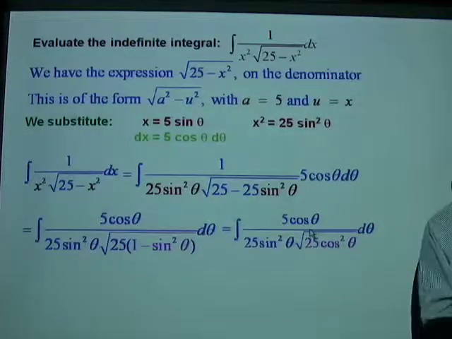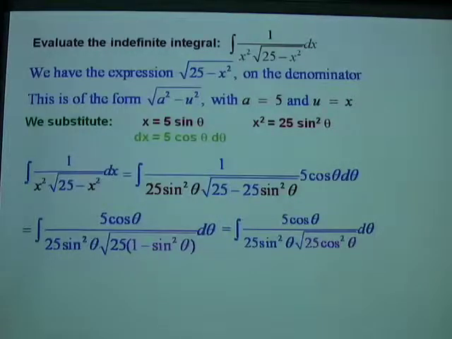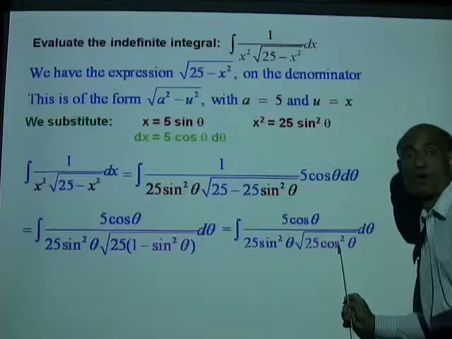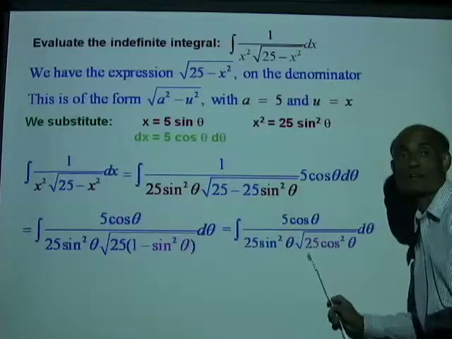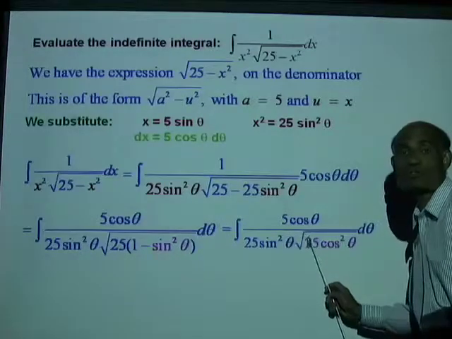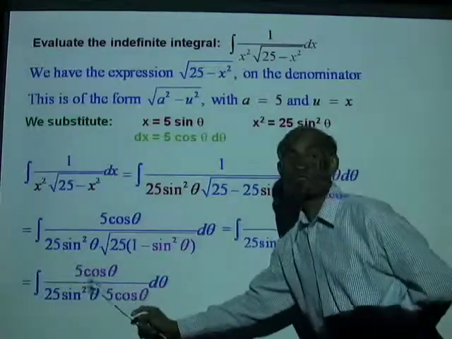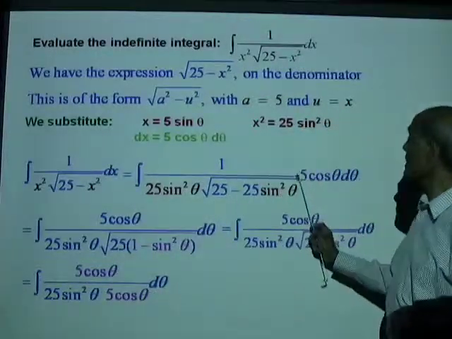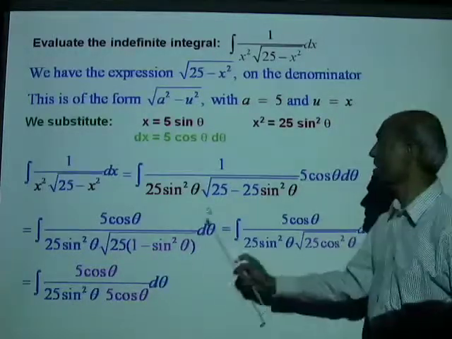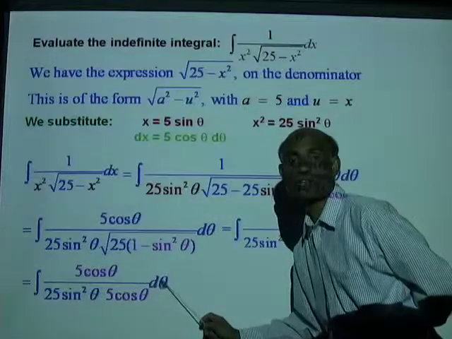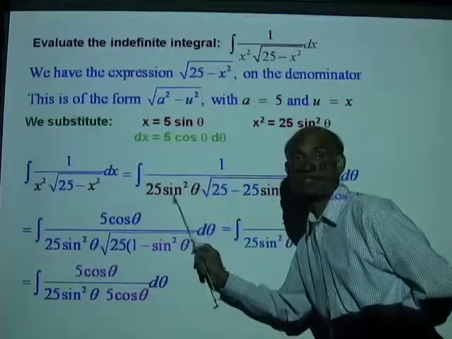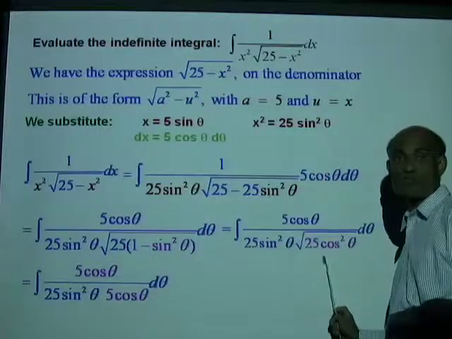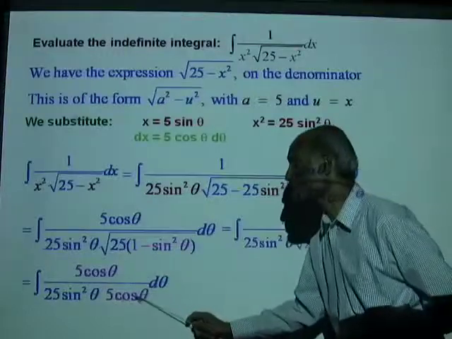Now the square root of 25 cos squared theta becomes: square root of 25 is 5, square root of cos squared theta is cos theta. So we remove the square root sign, and now we have the integral, with dx replaced by 5 cos theta d theta, so that would be 5 cos theta d theta divided by 25 sine squared theta, and the quantity in the square root is now 5 cos theta.